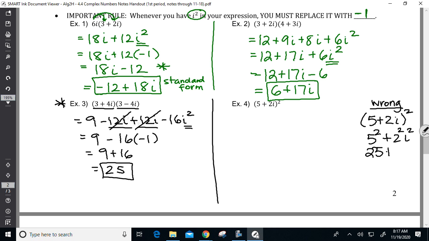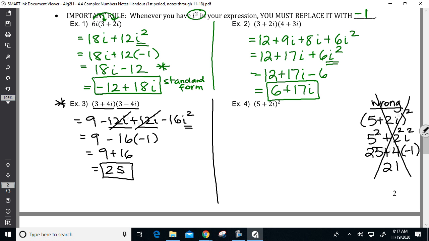All you see over here is the 100% wrong way. So please don't do it the wrong way.